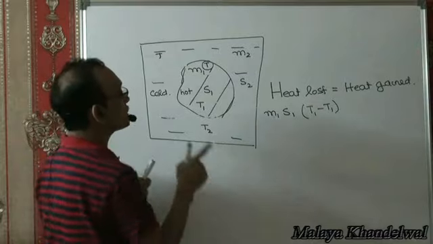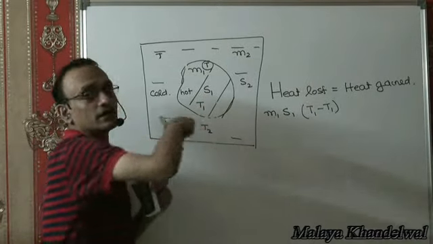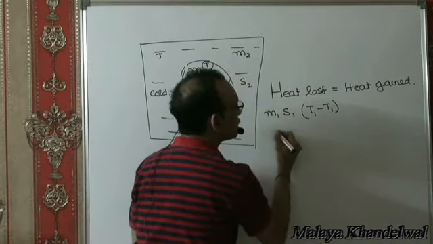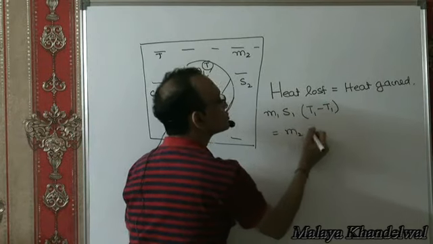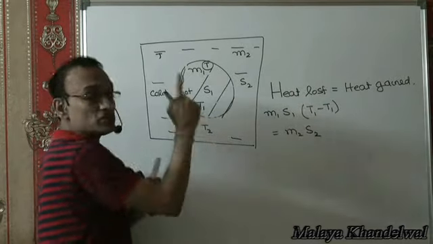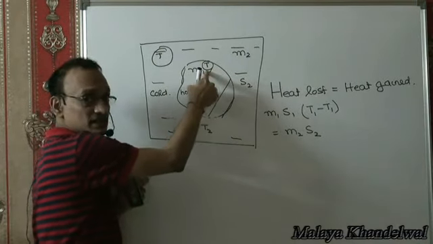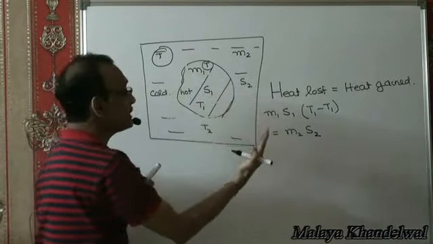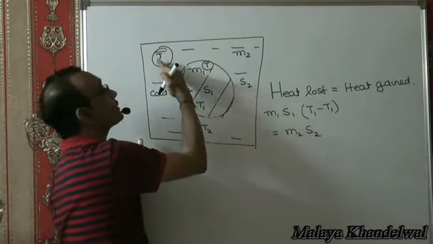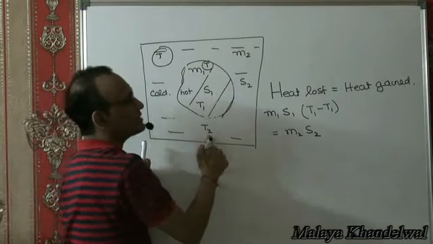And that must be equal to the heat gained by this liquid body. So heat gained by the liquid body is mass into specific heat, and the temperature of this rises. That means it now acquires the same temperature as this, which is a state of thermal equilibrium. So its gain of temperature is going to be T minus T2.